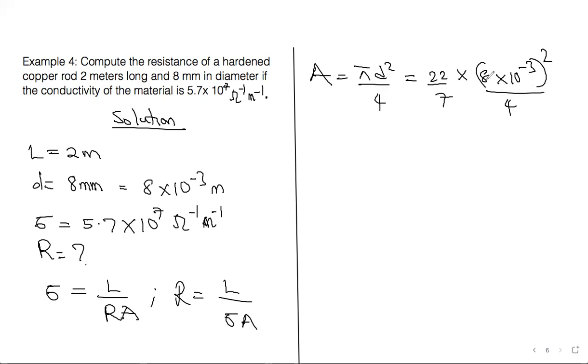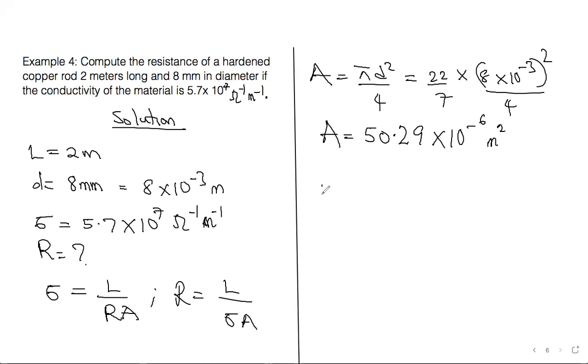If I multiply that out, I'll have 50.29 times 10 raised to the power minus 6 meters squared. So that's the area I got.